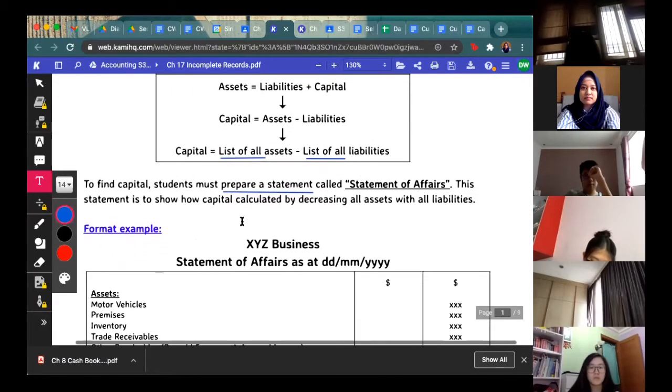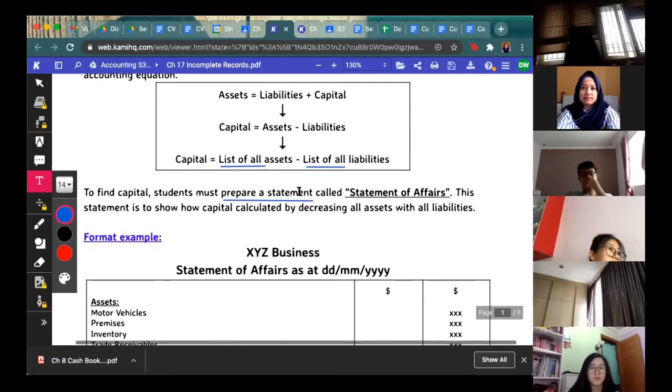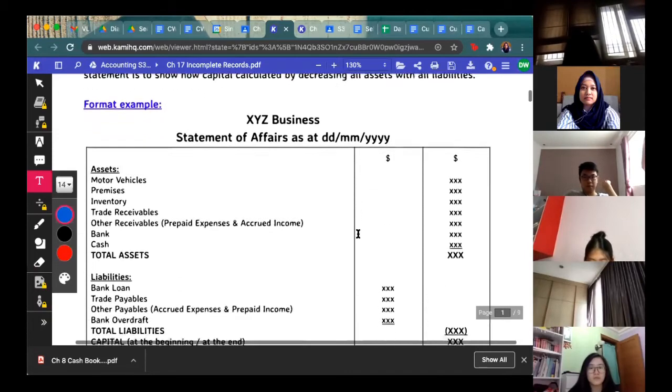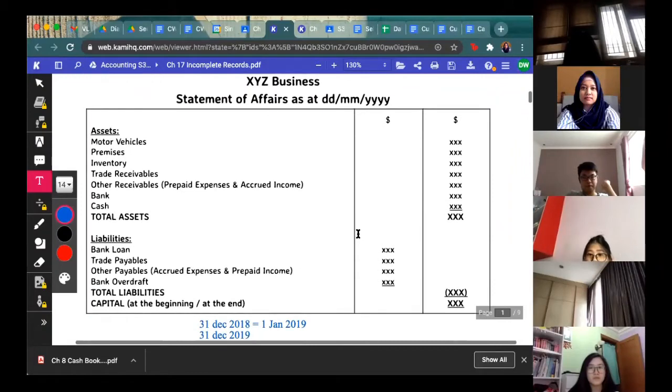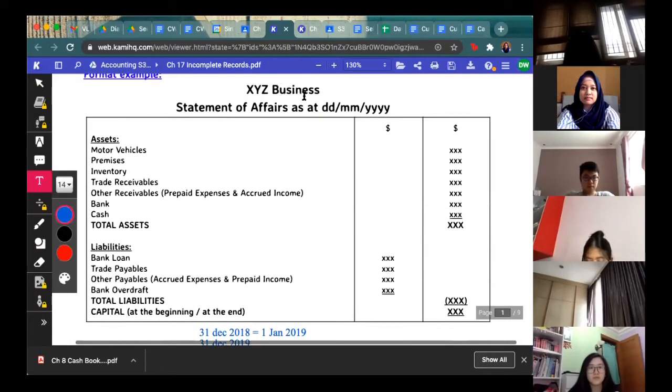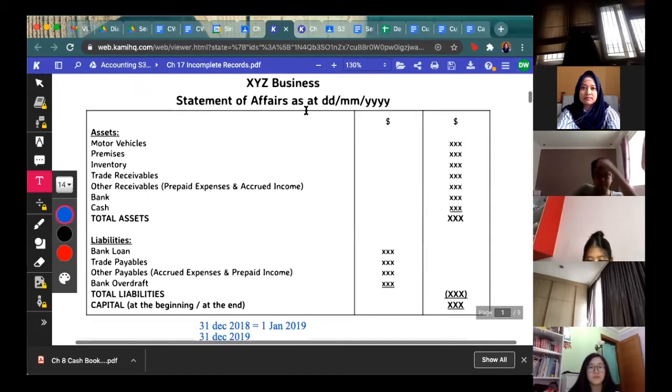Next, to find capital, students must prepare a statement called the Statement of Affairs. This statement shows how capital is calculated by deducting all liabilities from all assets. When it comes to a statement, it is always in vertical format. And this is the template for the Statement of Affairs: XYZ business, Statement of Affairs as at a date.